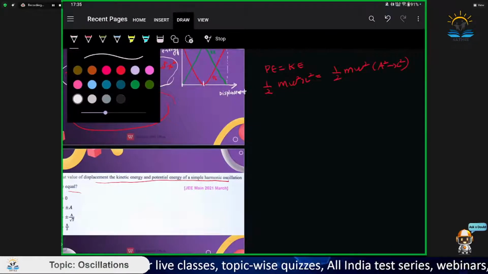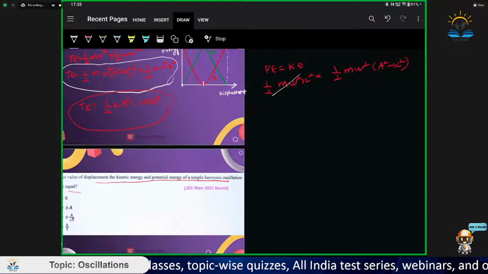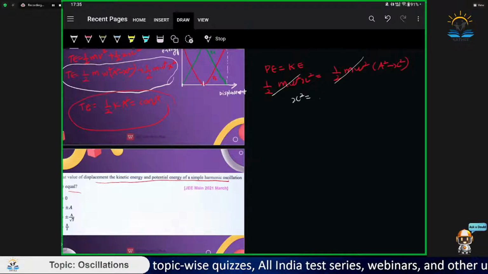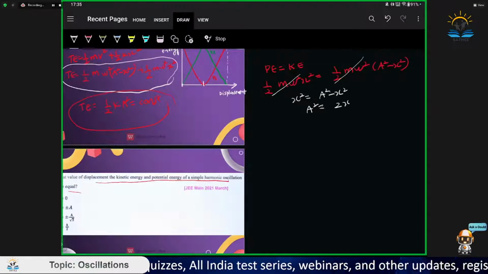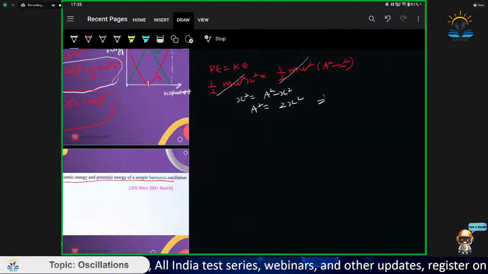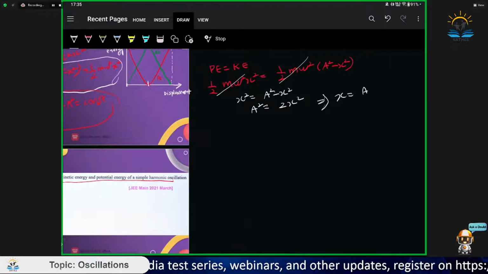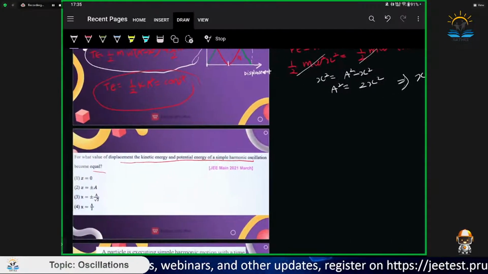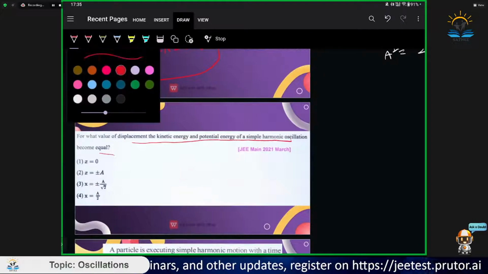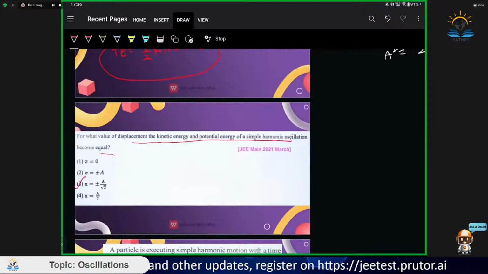Cutting half m omega square, x square will be equal to a square minus x square. So a square equals 2x square. So x will be plus or minus a divided by root 2, on both sides. So option 3 will be the correct answer.